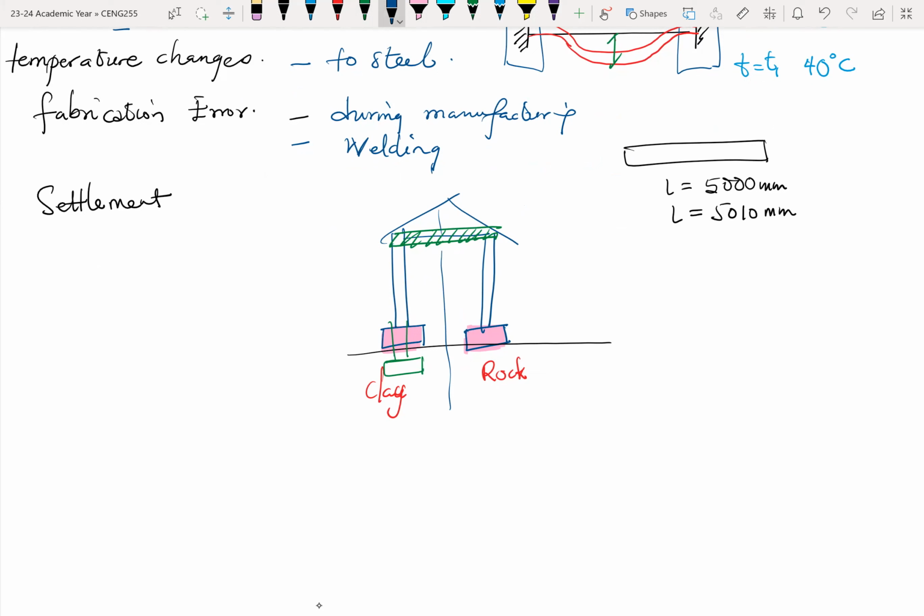So there isn't going to be much displacement or movement downwards, which will then force the beam, which was initially straight, to now more or less bend downwards, right?